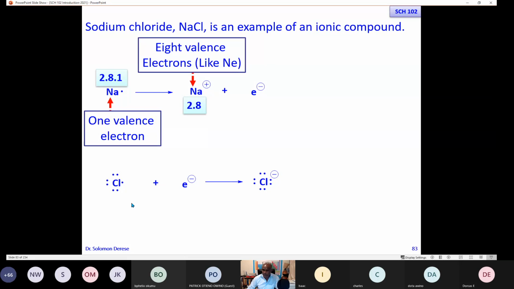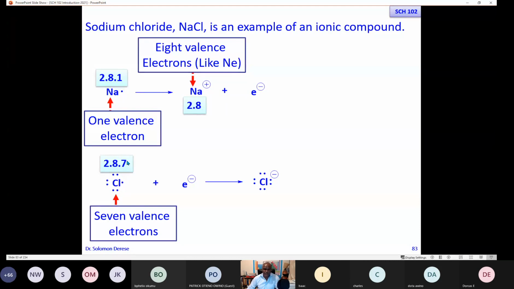If you take chlorine, on the other hand, in its valence shell it has 7 electrons. Of course, to be 8, it just needs 1 additional electron. Remember, chlorine's electron configuration is 2,8,7. It has 17 electrons in a neutral chlorine, and this is how the 17 electrons are arranged. All the same, in the valence shell of chlorine, we have 7 electrons.